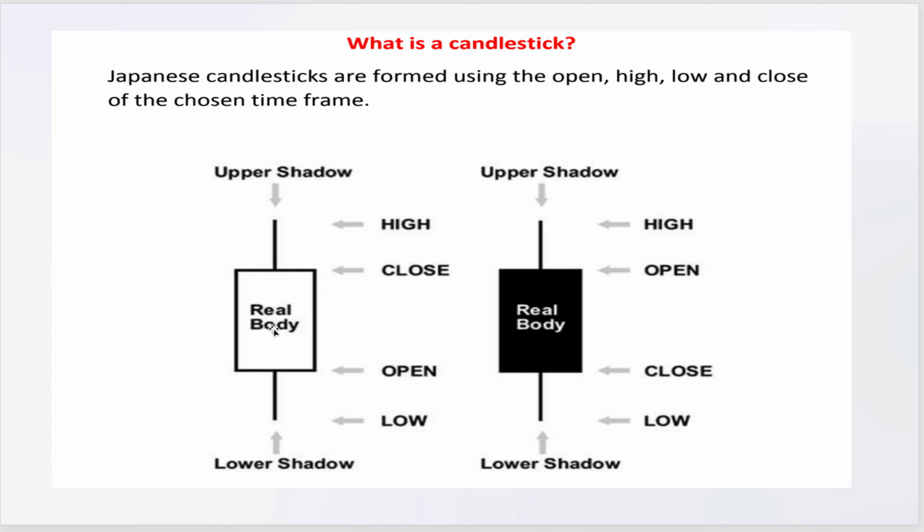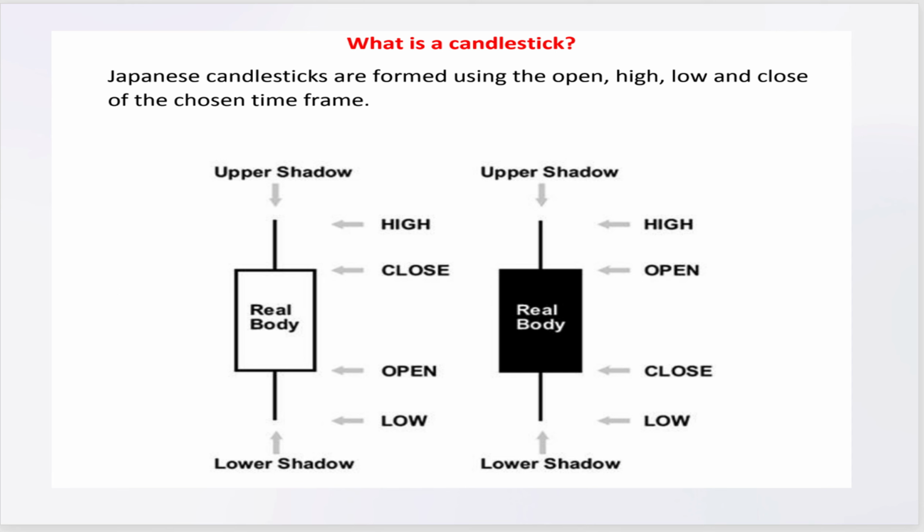This is for the green candle, or the day when the price closed above the earlier day's close. The same thing applies for the upper shadow. Consider this as a black or red candle. Technically this is the low and this is where it closed, so it shows like this.